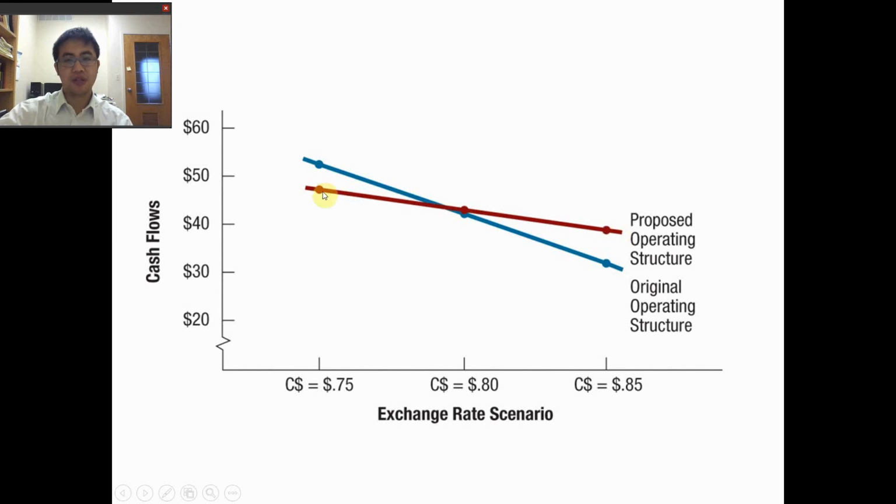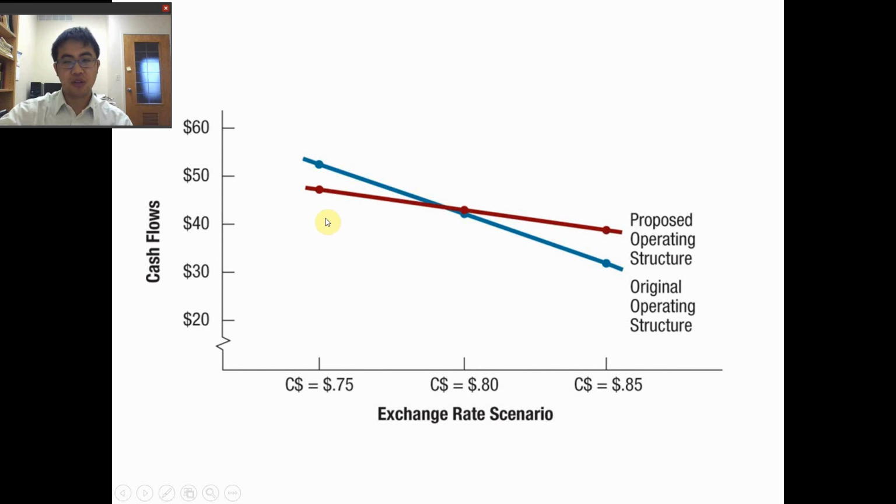So the exchange rates of a Canadian dollar could affect the cash flow by a lesser amount. So basically you see this red solid line is flatter. So that means the cash flows are less sensitive to the change of exchange rates. Okay, if you compare the blue line and the red line, definitely the red line is flat.